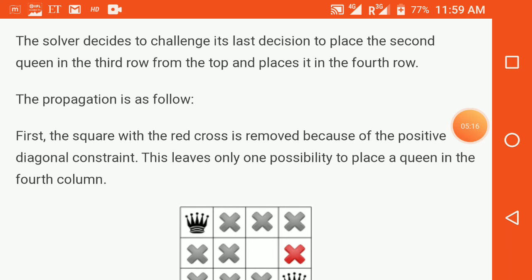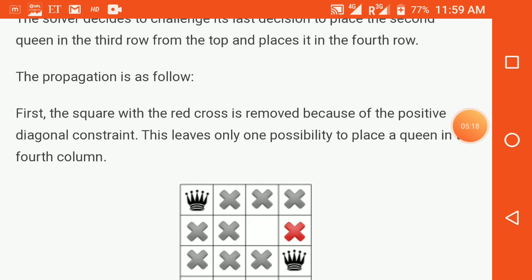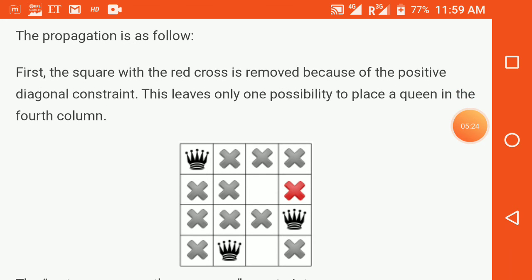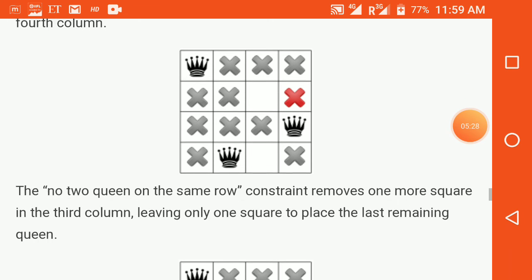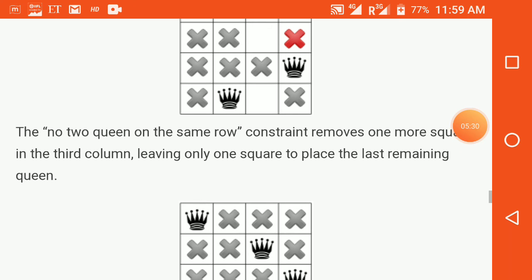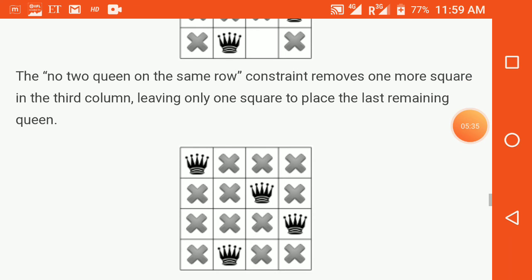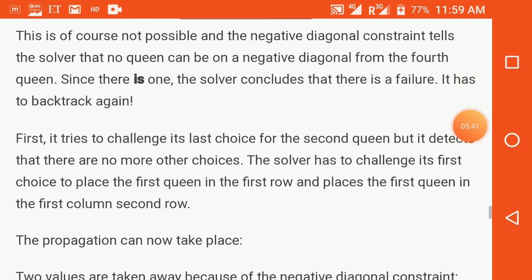The propagation is as follows: the first square with the red cross is removed because the positive diagonal constraint leaves only one possibility to place a queen in the fourth. The no two queens in the same row constraint removes one more square in the third column, leaving only one square for placing the remaining queen.